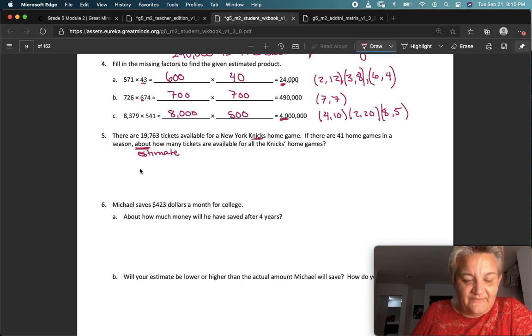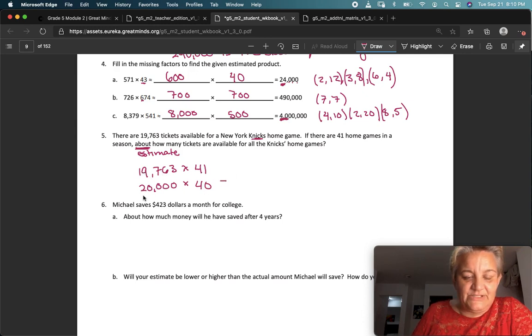So let's see, we've got 9, wait, that was a 12. I meant to draw a 9. 19,763 times 41. And we want to estimate our number here. So I'm going to go ahead and round this up to 20,000. And I'm going to round this down to 40. Okay, so I use the 7 and I just rounded it up to 20.